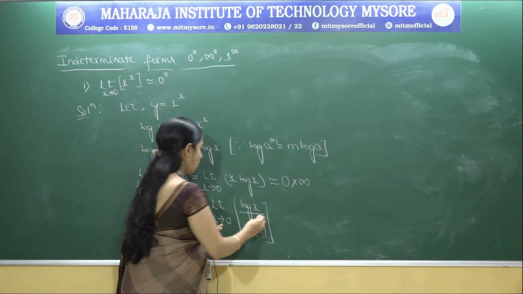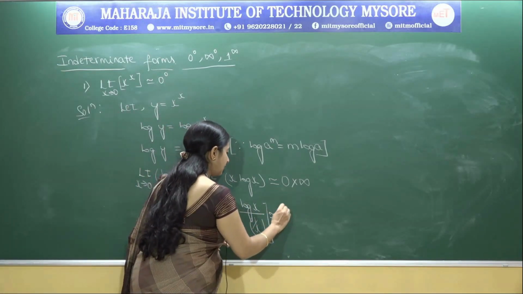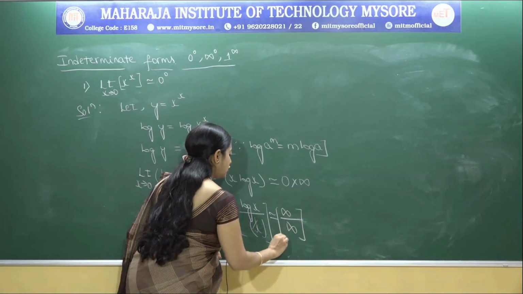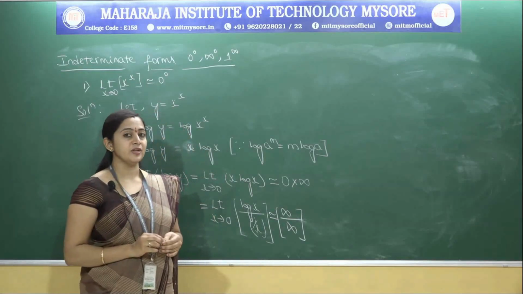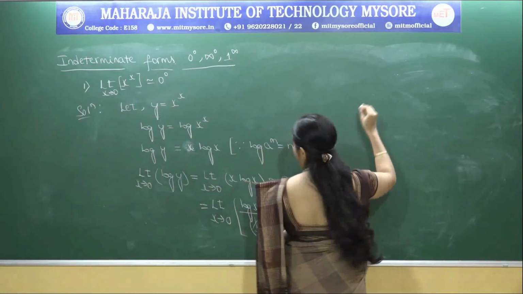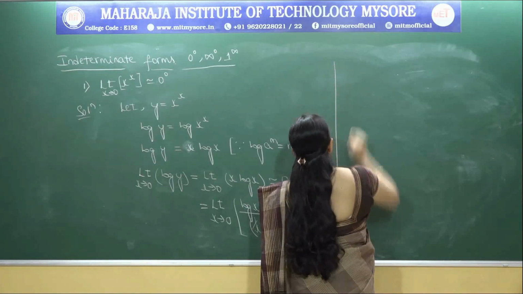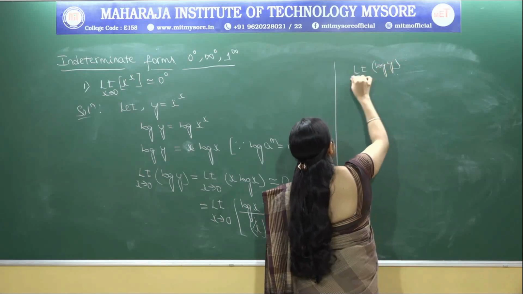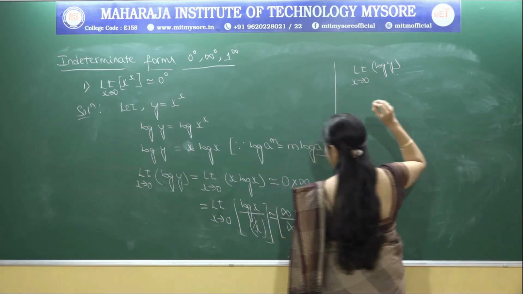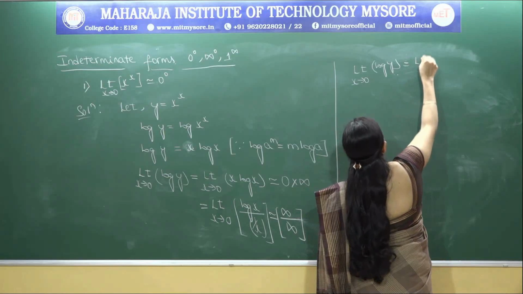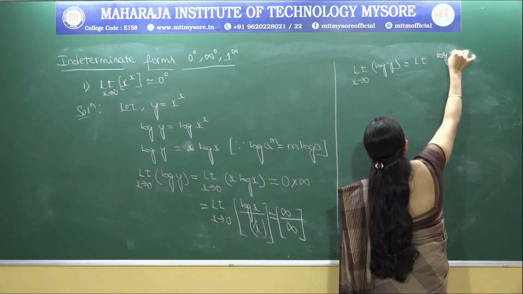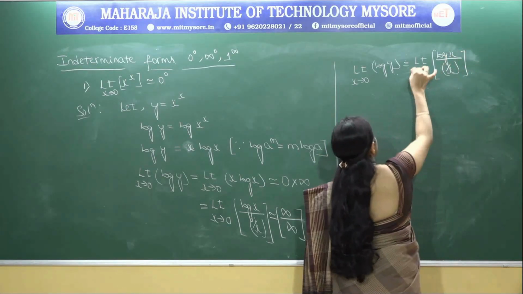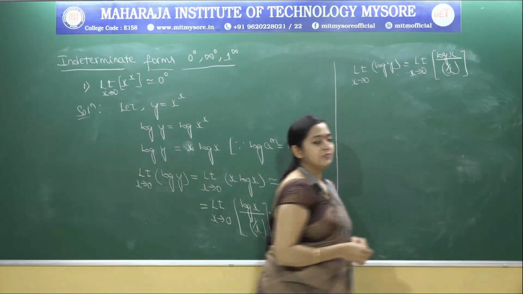So the function takes the form: log 0 is infinity, denominator 1 by 0 is infinity. So it is infinity divided by infinity. And in the LHS you have the limit of log y as x tends to 0. RHS part, you have the limit of log x divided by 1 by x as x tends to 0.